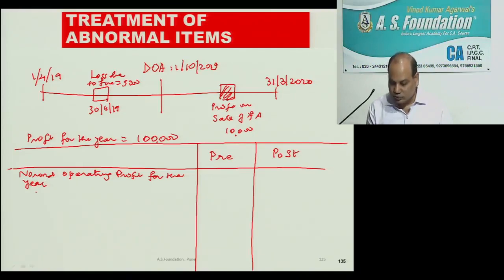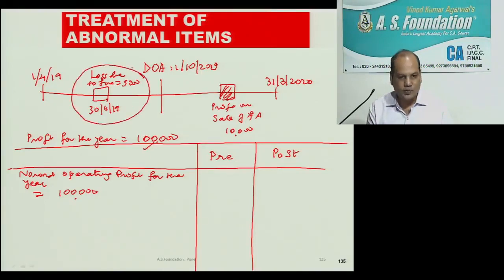Okay. So my profit for the entire year is 1 lakh. This 1 lakh is after providing for this loss of 5,000. So I will add back 5,000. If the loss would not have happened due to fire, current year profit will be 1,05,000.